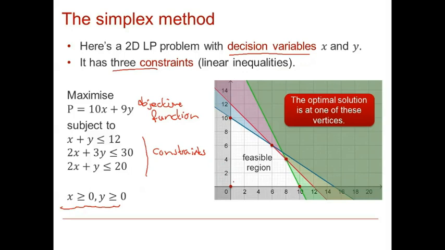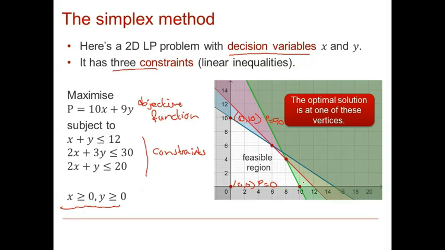Now if we remember, these vertices are used to work out P, and one of these vertices will be the maximum value for P. So obviously this is the trivial vertex 0, 0, and this is when P equals 0. And then here we have the vertex 0, 10, and this would give us a profit of 90.